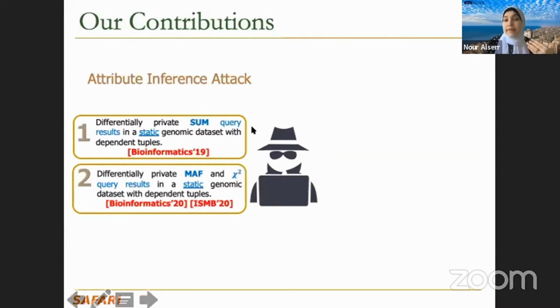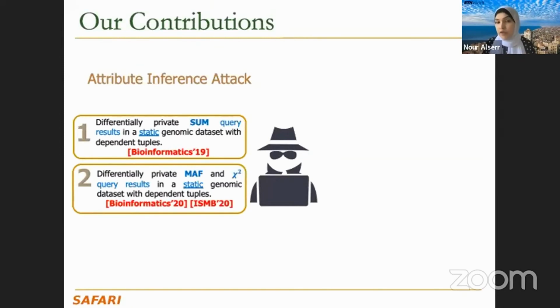And what we did in this direction is we try to use the differentially private sum query, also MAF, the minor allele frequency, and the chi-square in a static genomic dataset. What's the static genomic dataset? It is the data which is updated one time. When we are talking about dynamic, this data can be updated anytime.